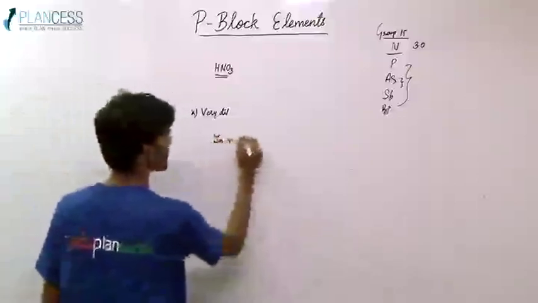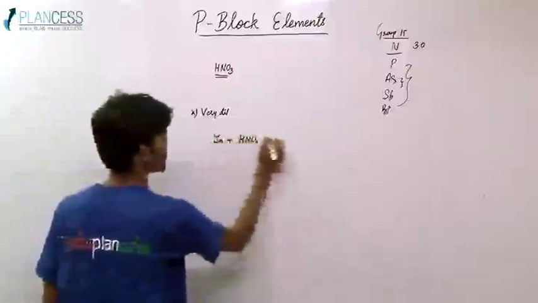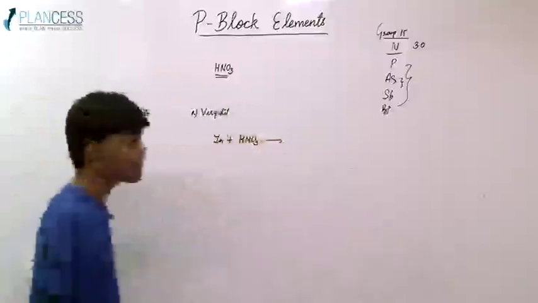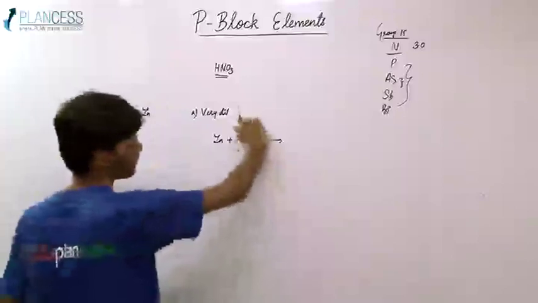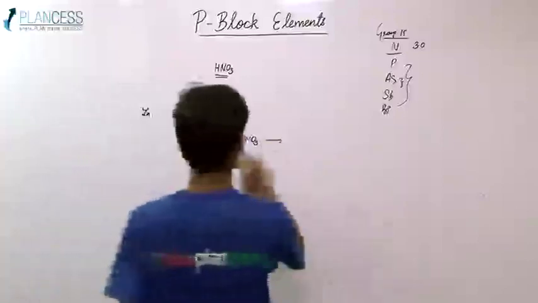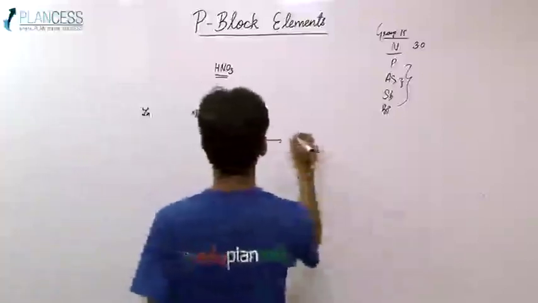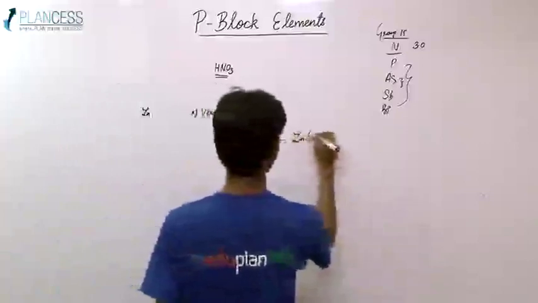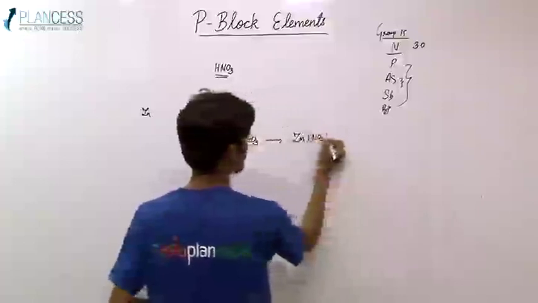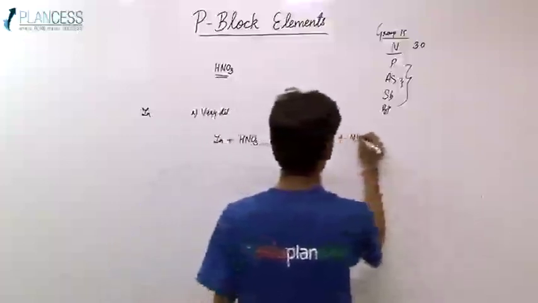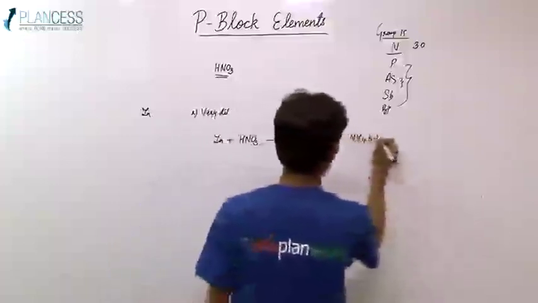All these are redox reactions, because they are oxidation-reduction reactions. Zinc reacts with HNO3, and the most important thing is the compound formed, that is, what the reduction product of HNO3 would be. In the case of very dilute, it will form Zn(NO3)2, but along with it, it will form NH4NO2.